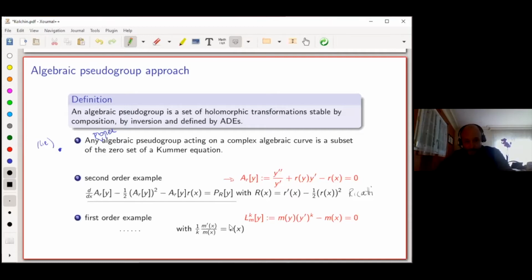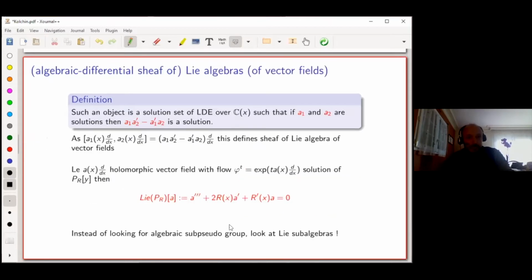So I don't know if it is possible to prove directly that these are the only examples, but a nice way to do that, and I will use it to introduce some objects I will use, is to look at its Lie algebra. As it is something looking like a group, it has something looking like a Lie algebra.